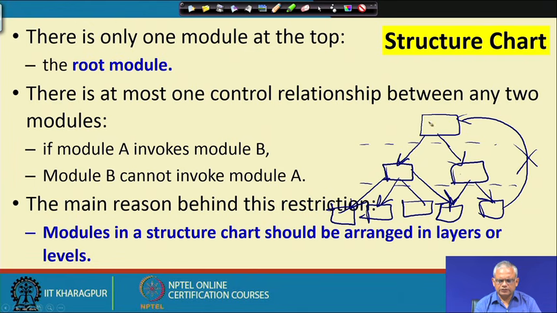So, there is the control relationship from one module to the next level of module, but we cannot have a module calling a higher level module. This is an example of a bad design. While discussing the good characteristics of design, we said that the design has to be layered, and a higher layer module can call a lower layer module, not vice versa.